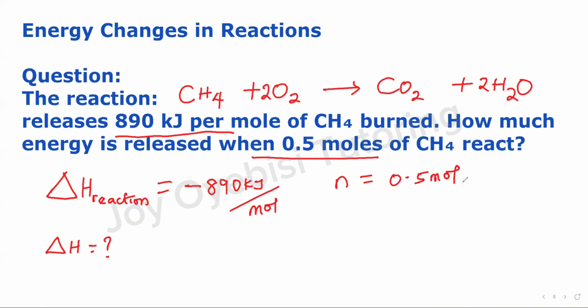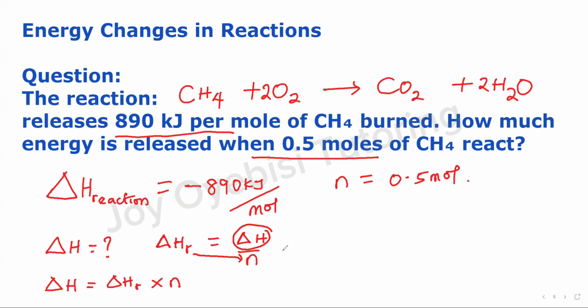So the equation that connects the two of them is this. Delta H of reaction, I'm just going to say R, this first one, is equal to enthalpy change divided by n. So enthalpy change is in kilojoules, n is moles. That's why you see the kilojoules per mole, okay? To find this enthalpy change, you're going to cross multiply, and the equation we will be using is delta H equals the enthalpy of reaction times n.